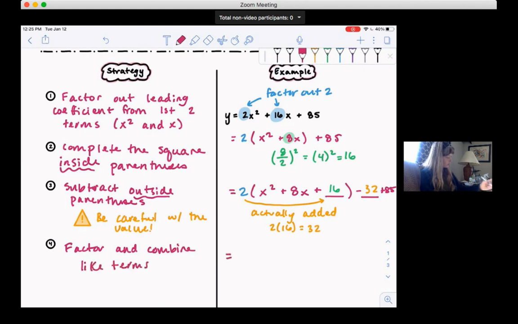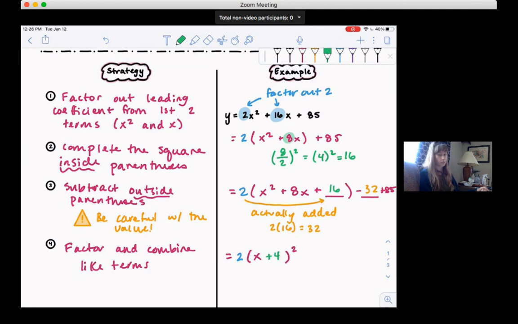Okay, so we have 2 out front. By completing the square, we turn that thing in the parentheses into a perfect square. So we know it's going to be x plus or minus something squared. And to figure out what number that should be, it's always going to be our coefficient of x divided by 2. So that would be 8 divided by 2, which is 4.